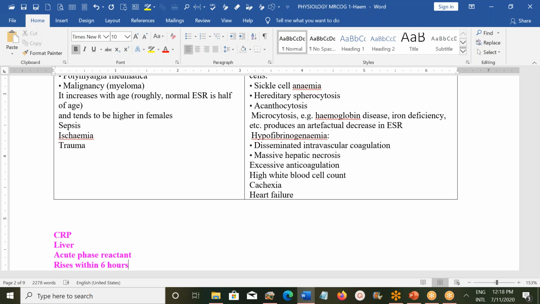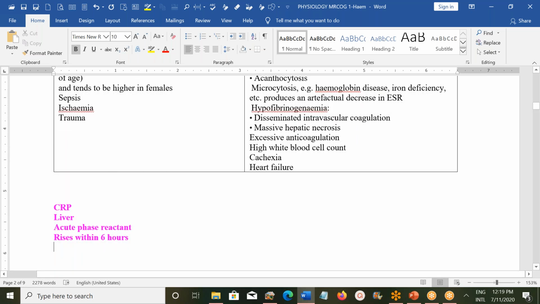If this CRP is elevated, it will tell you that some inflammatory process is going on. What is the benefit of using CRP over ESR? ESR depends upon the hemoglobin concentration, but CRP is not dependent on hemoglobin concentration in the body. So that's why it is going to show you the actual picture.